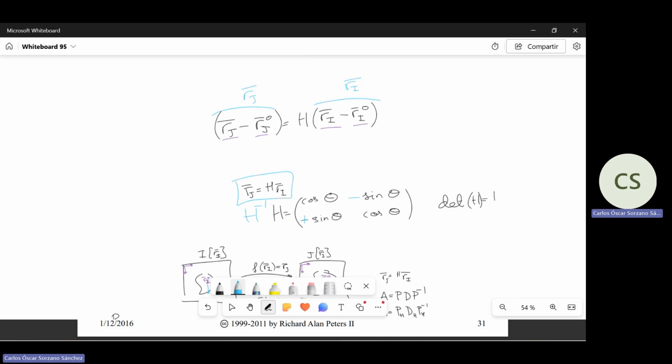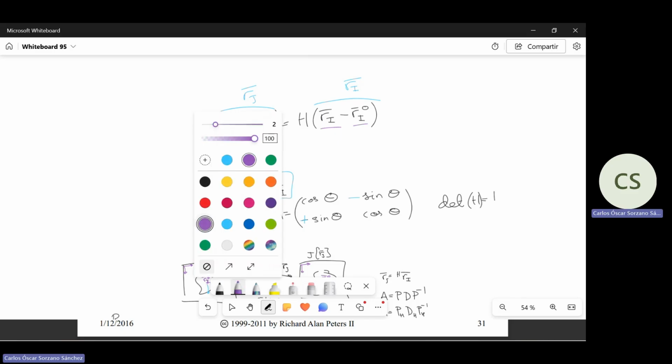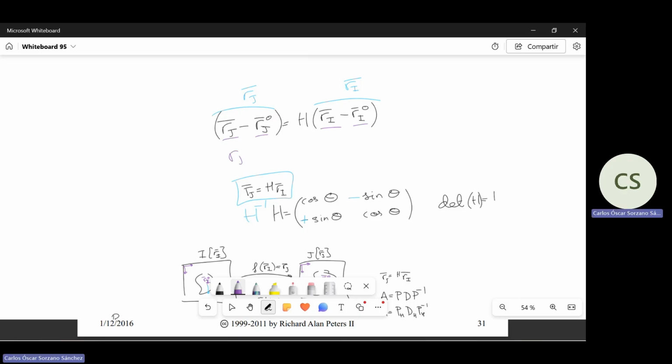And if you need to center, first you subtract this one. Sometimes you prefer to write it in this way: RJ is equal to RJ0 plus H times RI minus RI0.